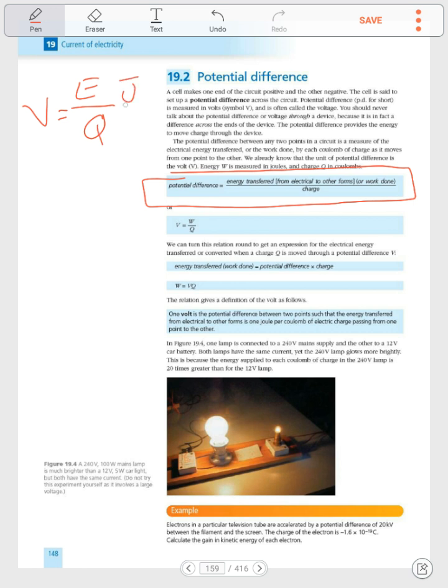It is energy per unit charge, joule per coulomb, which is equal to volt. Or it is the work done in changing the electrical energy to other forms, okay?